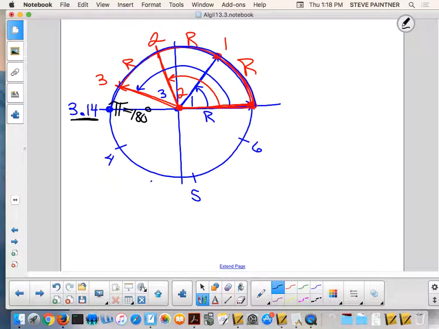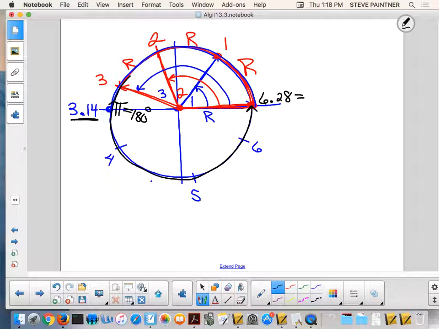Okay? Now, I can go a little faster. What do you think would happen if I wrap that radius around and around? I'm up to 5, I'm up to 6. When I get here, a complete circle, how many radians have I traveled? 2 pi. If I said 3.14, double it, you'd be at 6.28, which is really just 1 pi plus another 1 pi.